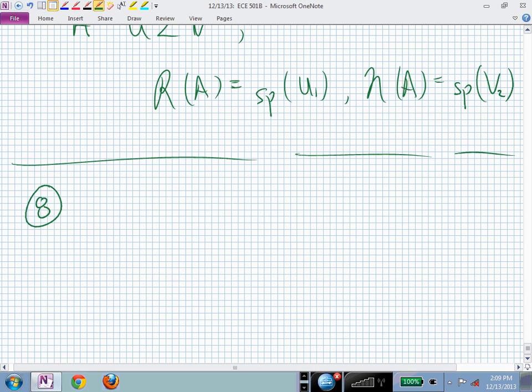Then, for whatever reason, he puts generalized eigenvectors in chapter 8. So chapter 5 is just the generic eigenvectors, but then we go, wait a minute, we're not spanning all of the space possibly when we have repeated eigenvalues, and that's why we have to introduce the concept of generalized eigenvectors.